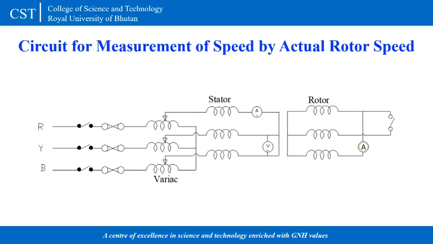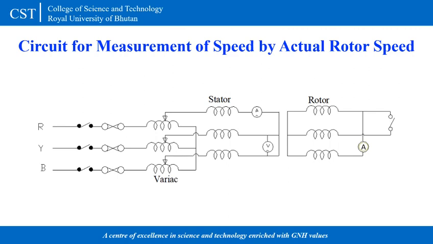Now this is the circuit diagram to measure the speed by actual rotor speed method, where we are directly giving power supply to the stator side, and from the stator side EMF is induced in the rotor.